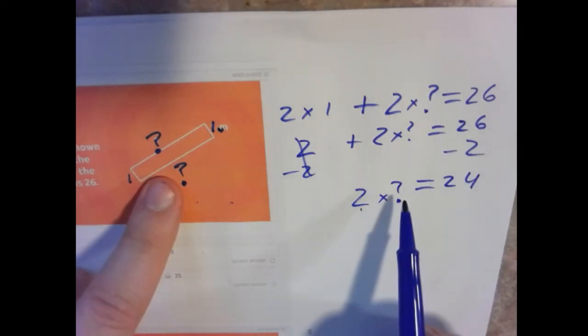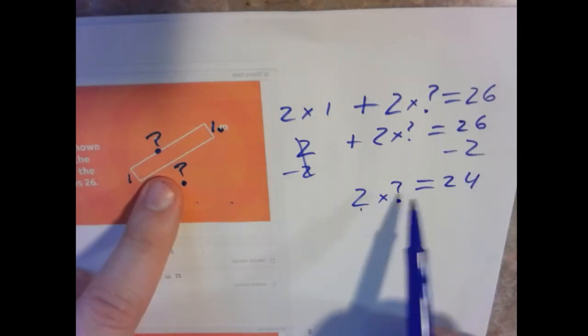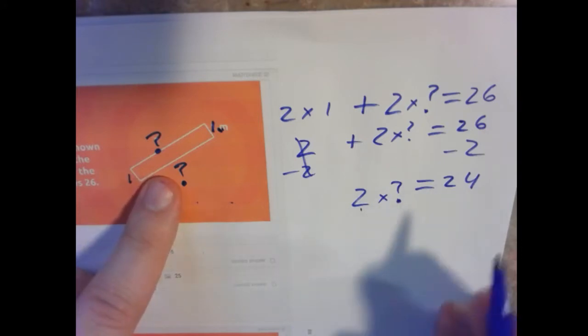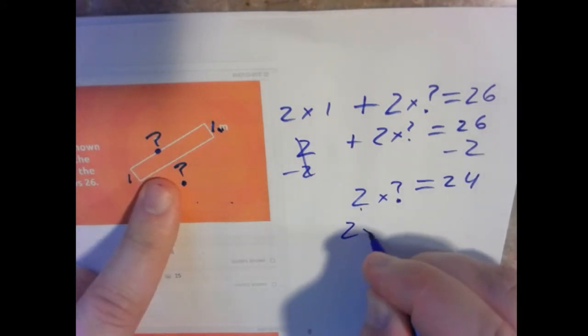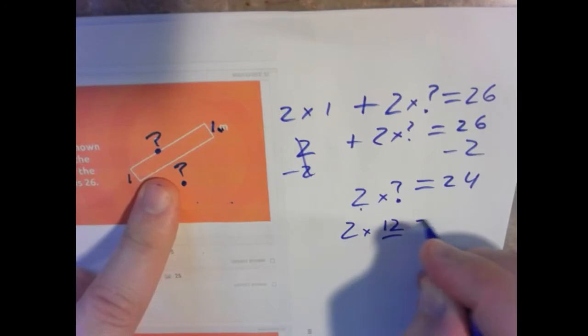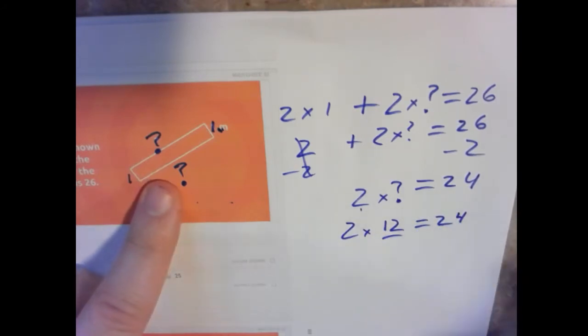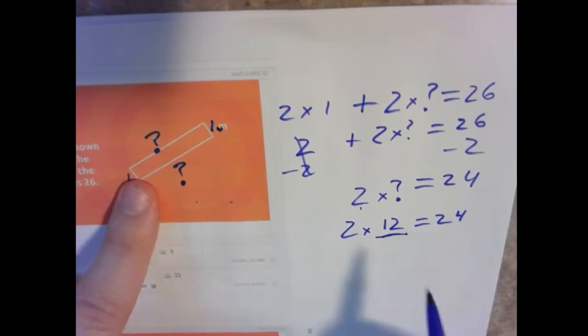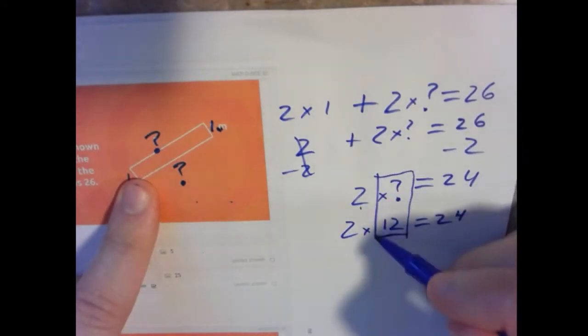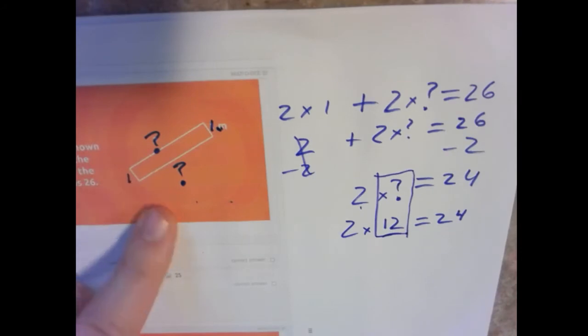Well, 2 10s would be 20, 2 11s would be 22, 2 times 12 makes 24. So the unknown, the question mark, is 12.